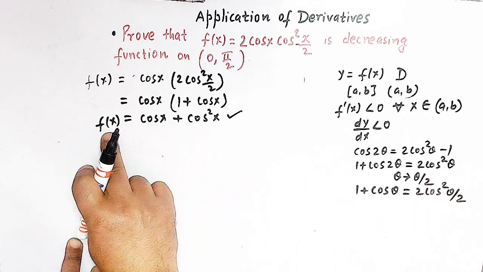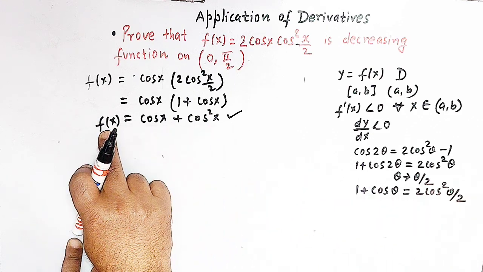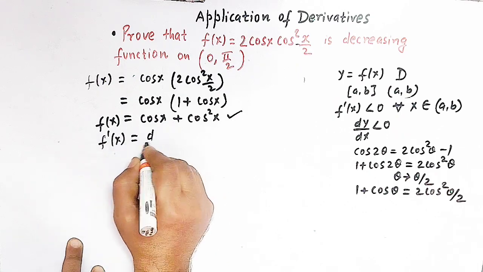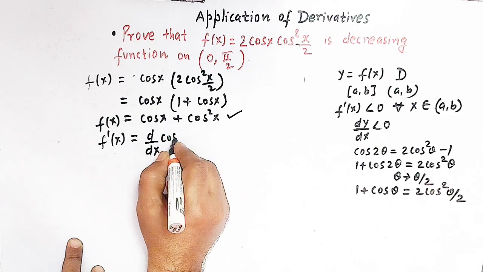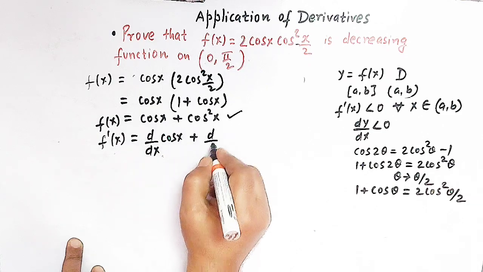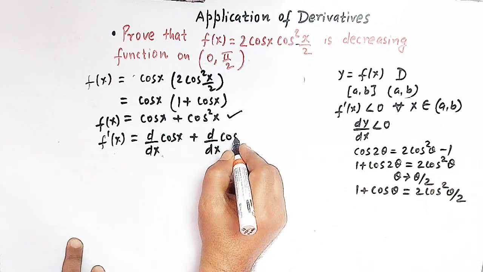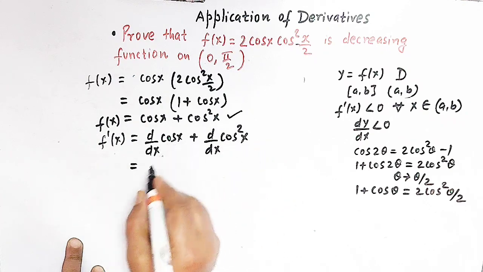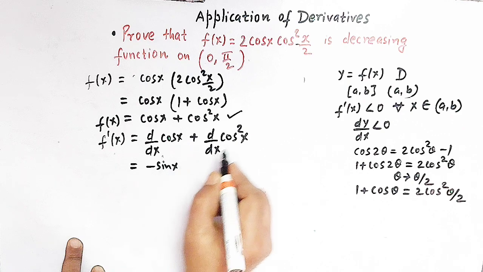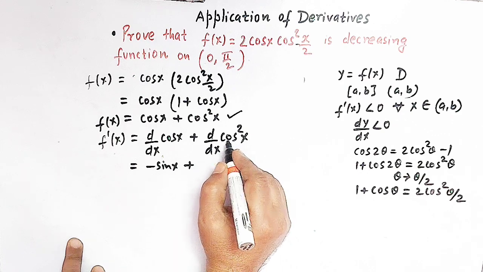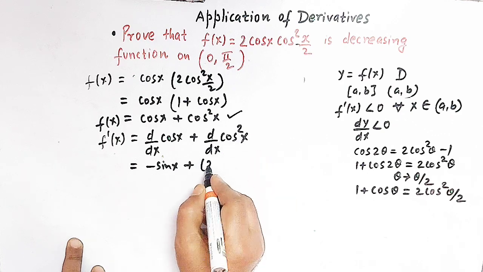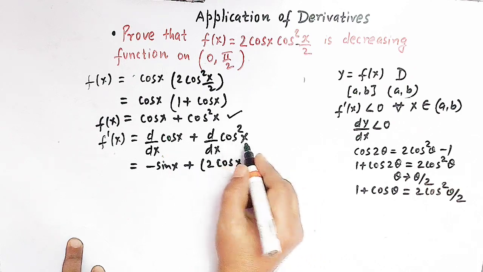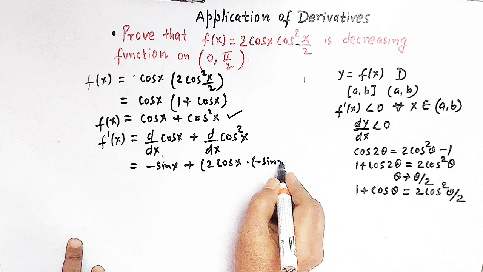So now let us find out the derivative of f of x with respect to x. So f prime of x is equal to d by dx of cosine x, and then we have d by dx of cos square x. Now the derivative of cos x is minus sine x, and here we have the derivative of cos square x as 2 cos x, and then by chain rule the derivative of cos x is minus sine x.